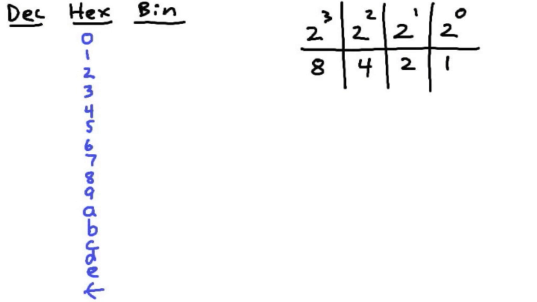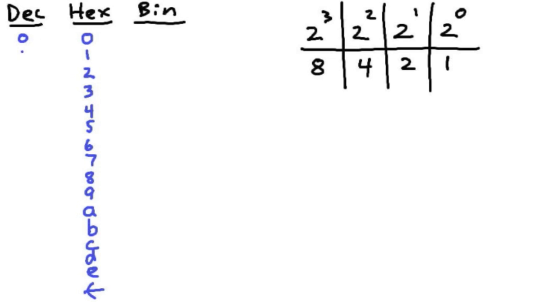So if we go on a review of hex, we recall that hex is going to be representing 16 different characters: 0, 1, 2, 3, 4, 5, 6, 7, 8, 9, and then it has the letters A, B, C, D, E, and F. What is this equivalent to in decimal?